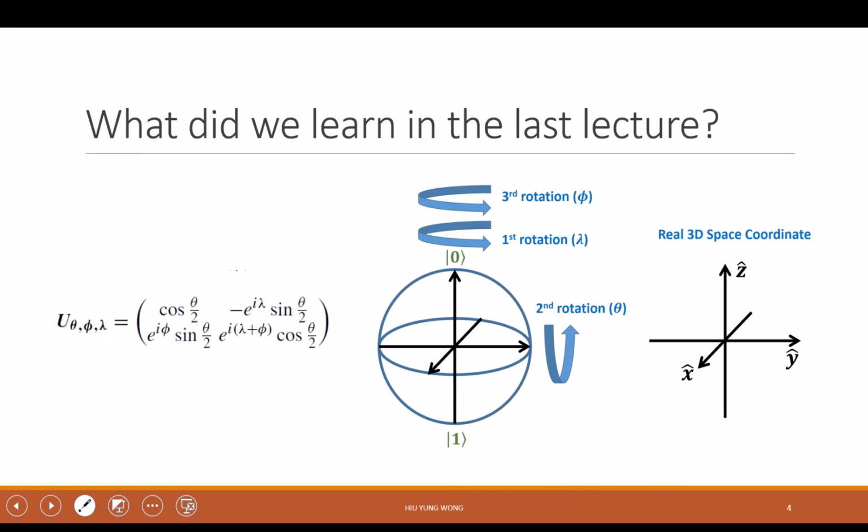Rotation of the complex vector, or of a qubit in its hyperspace, is something, again, we cannot see. But because we map the vector in the C2 space to the surface of this sphere, when it is rotating in its complex hyperspace, we can see it moving on this 3D sphere.